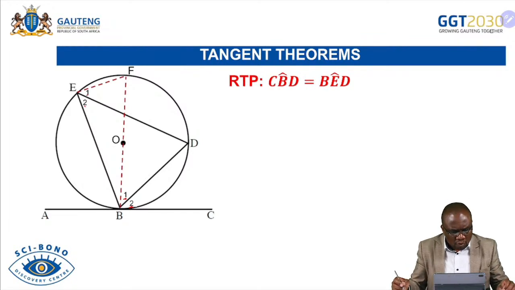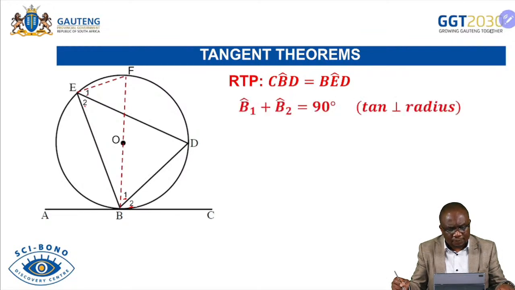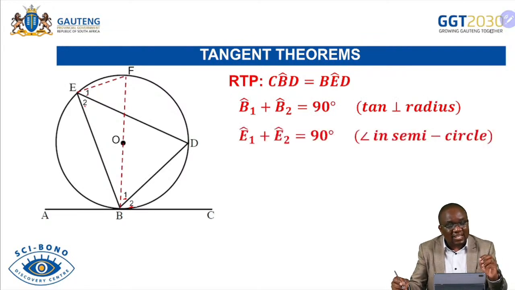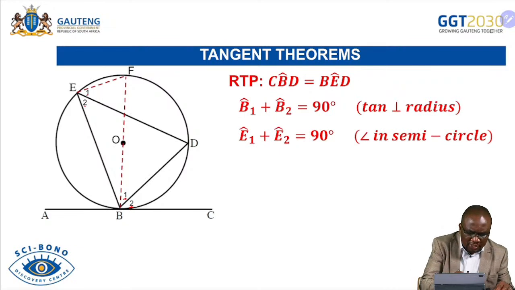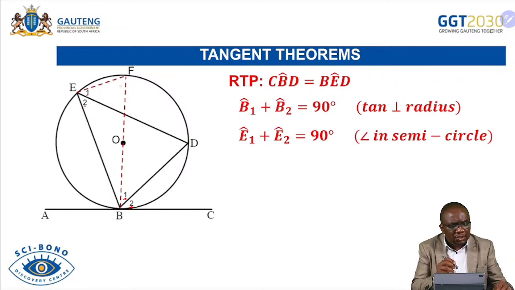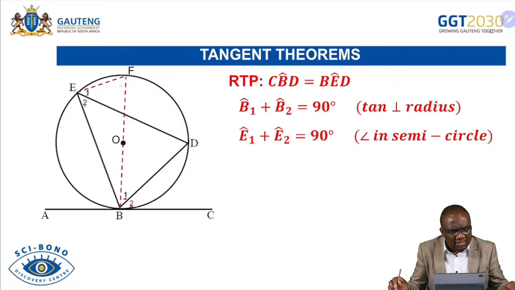Right, now, what can you say about OBC? What can you say about OBC? B1 plus B2 is 90 degrees. That is angle OBC. So this angle here is 90 degrees. What can you say about BEF? E1 plus E2. Why is it 90 degrees?